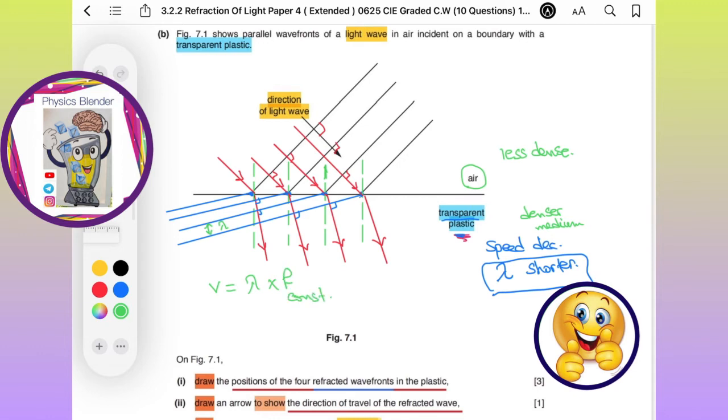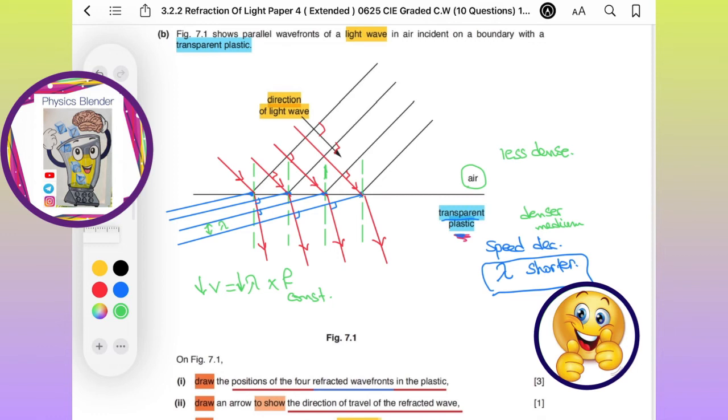As the speed of light in air, when it enters transparent plastic, the speed decreased. So also the wavelength is directly proportional to the speed at constant f. So accordingly, what happens to the wavelength? It will be shorter. So now you can make sure that your drawing is correct.